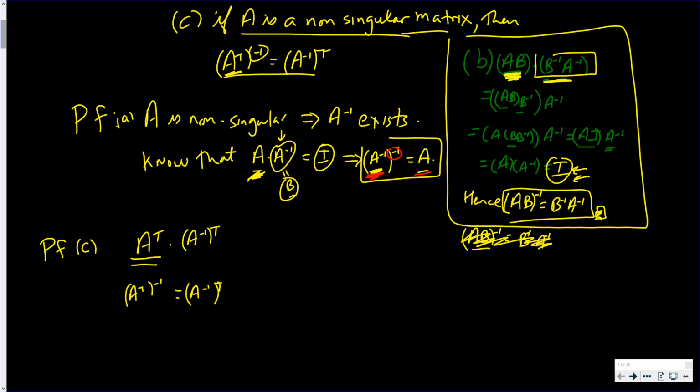If I can show that A transpose times A inverse transpose is the identity, then the inverse of A transpose will equal A inverse transpose.